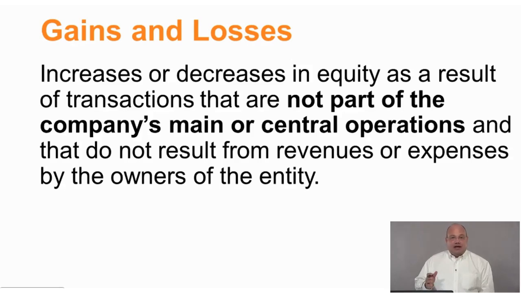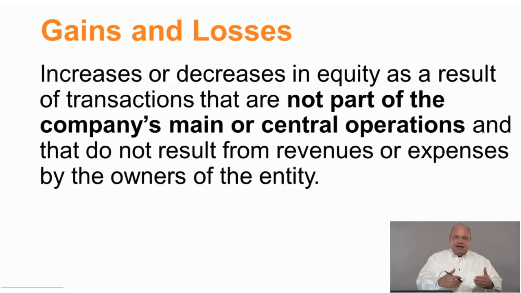Gains and losses, on the other hand, result from not the central or main operations. That toy company has a factory and equipment. One of the pieces of equipment gets old, so they sell it. And let's say they sell it at a profit, they have a gain on it.